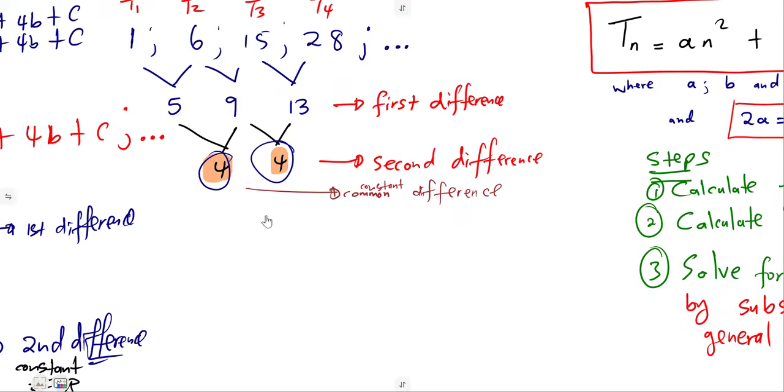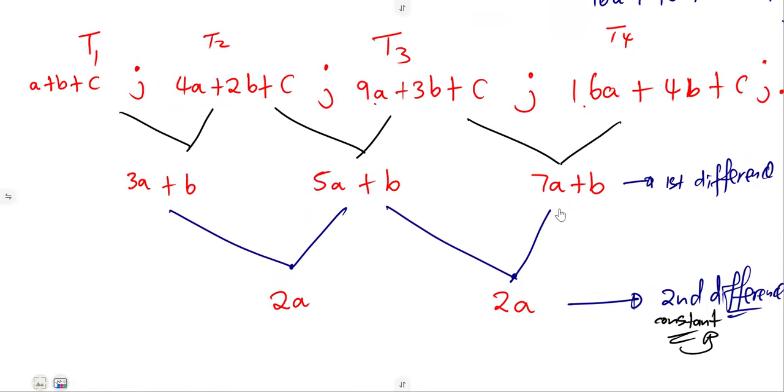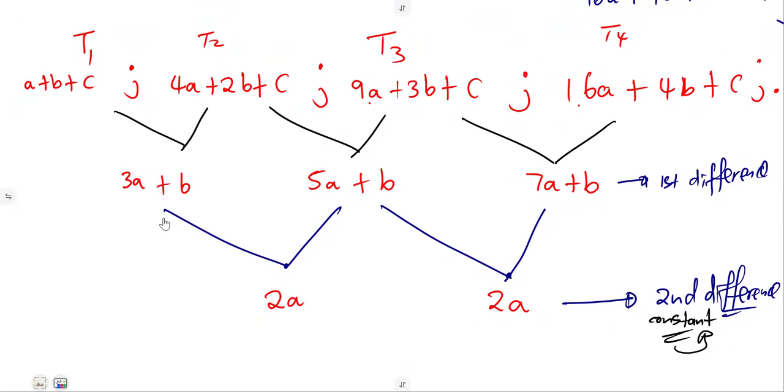But as we want to consider it in terms of A, B, and C, how can we determine the general term, the Tn?